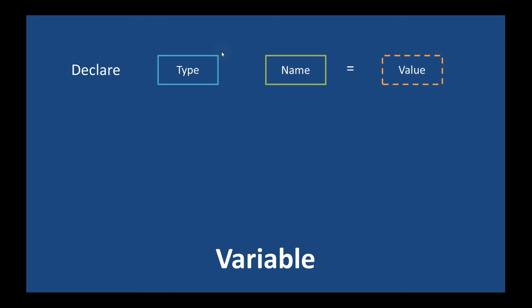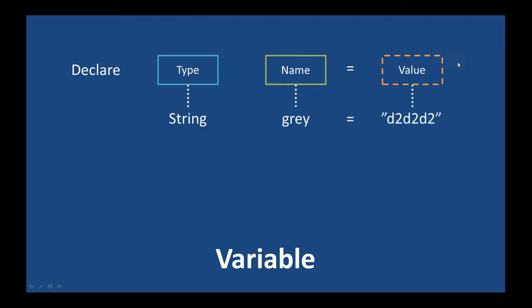Before going to array, I'm going to talk a little bit about variable. We now know how to declare a variable, which starts with the type of the variable, and then its name, and then equals, and then its value, with the value being optional.